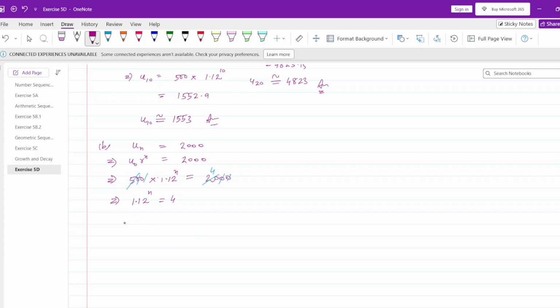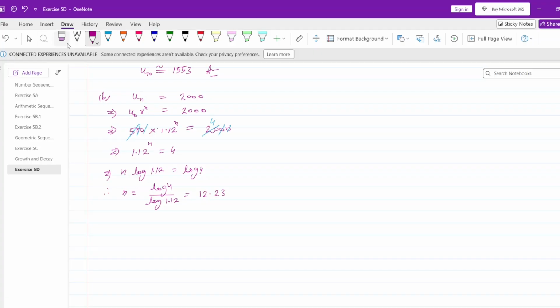Now we can take logs on both sides, so this will be n log 1.12 equals log 4. So n equals log 4 divided by log 1.12, 12.23.